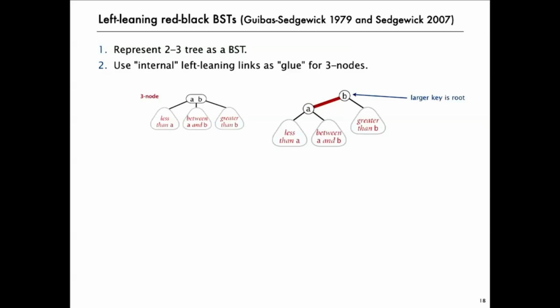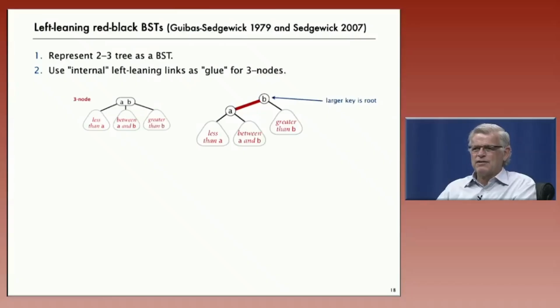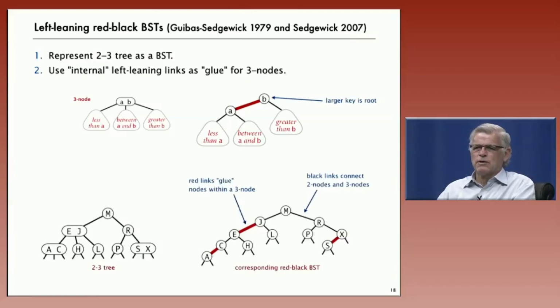And you can see from this transformation that it's easy to see this correspondence. The middle link between A and B, those are the keys that are less than B and larger than A, so that takes 2 comparisons to get to them. The ones that are less than A, less than B, less than A, that's two comparisons for that. And the ones that are greater than B are the right link of B. So just following those three cases, you see that this correspondence is going to work.